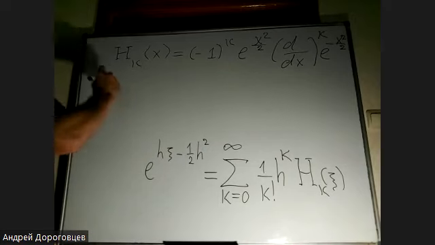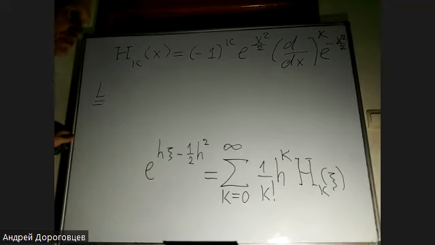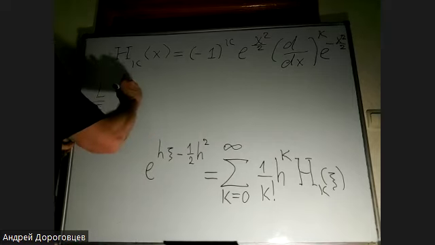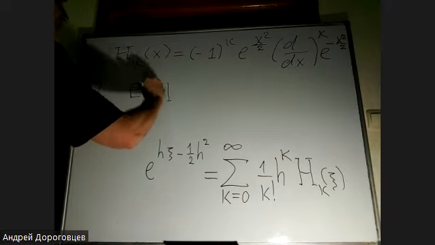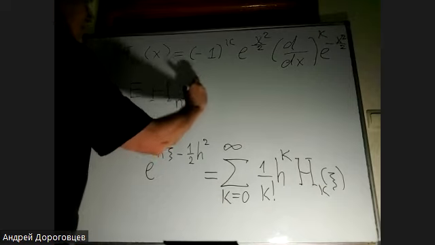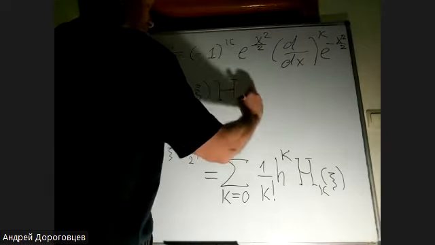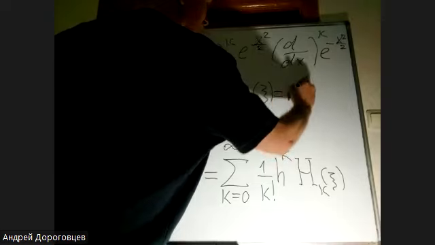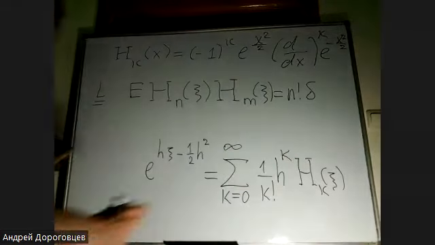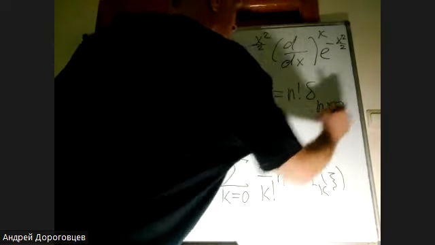First of all, let me prove the lemma that Hermite polynomials turn out to be orthogonal. Namely, if we take the expectation of H_n(psi) and H_m(psi), it turns out to be n factorial multiplied by the Kronecker symbol delta_nm.